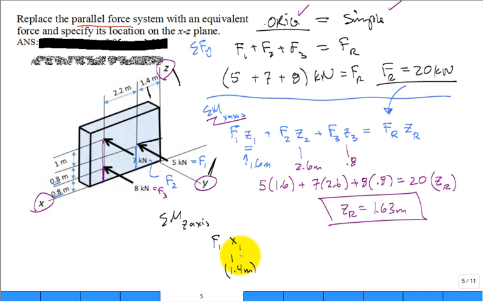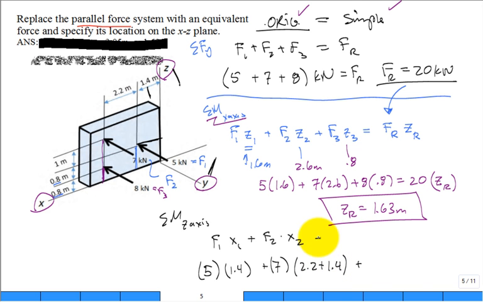So I'm going to just start putting in numbers. So this is 5 kilonewtons times 1.4 meter, plus, then we have F2 times that moment arm distance, x2. And so it'll be 7 kilonewton times, I should get rid of that meter there, I know the units. X2 in this case is 2.2 plus 1.4, 3.6.